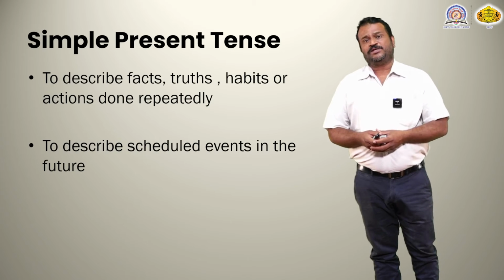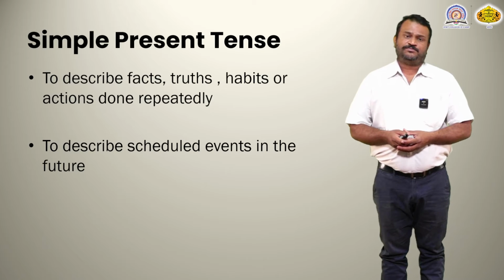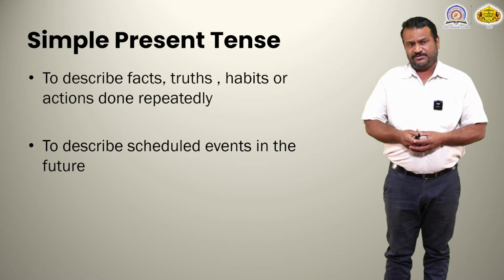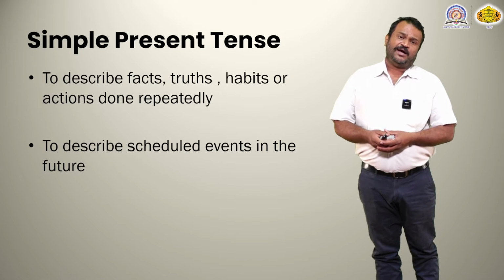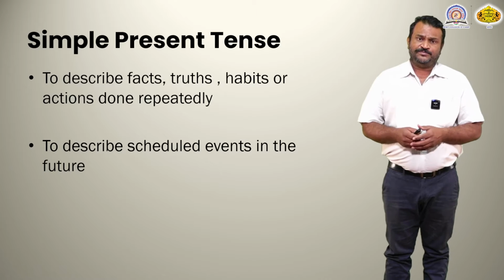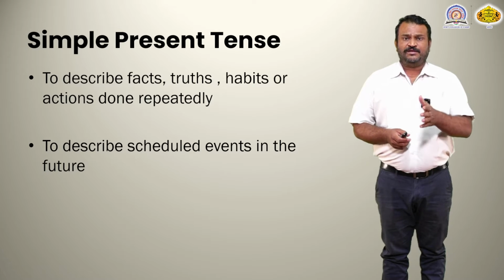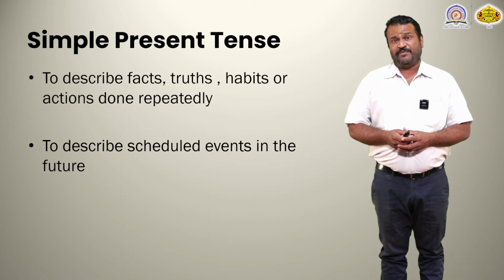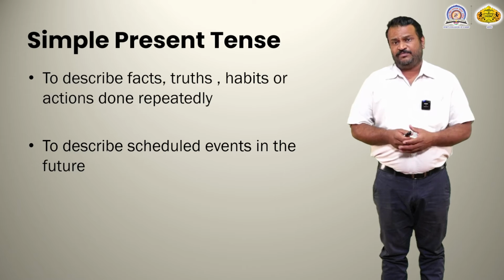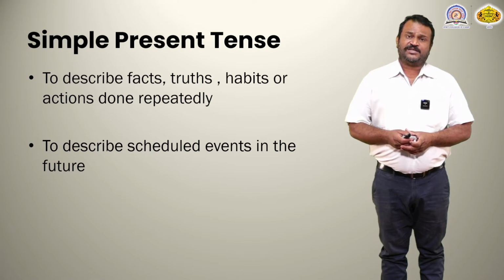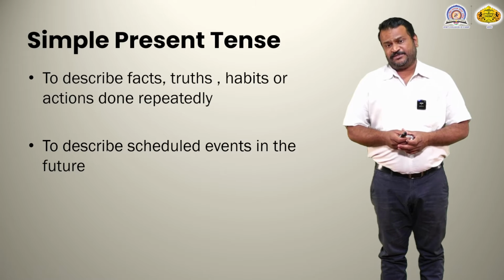I get up at 6 o'clock, I brush, I take tea, I take breakfast, I walk to college, I attend the lectures, and till you go to bed. Whatever things, actions, habits you performed in the whole day. Those are to be described in simple present tense.